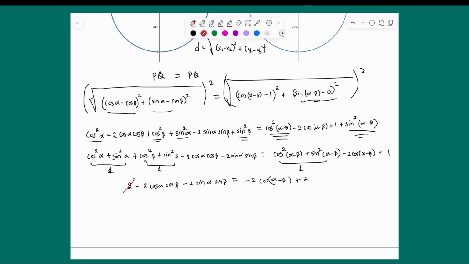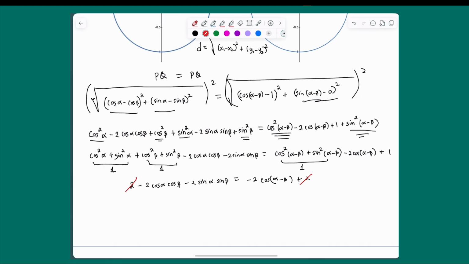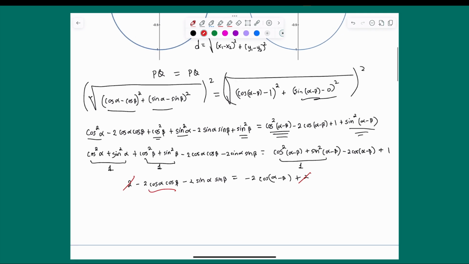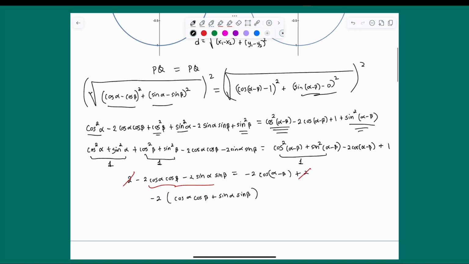So there you can see the 2's on both sides would cancel if you subtract 2 on both sides. And this left hand side here, we could factor out a negative 2. And that leaves us with cosine alpha cosine beta plus sine alpha sine beta. And then, of course, the right hand side is minus 2 cosine alpha minus beta.